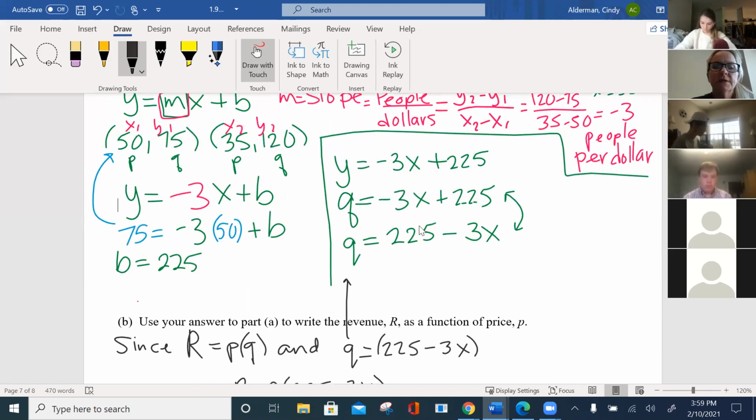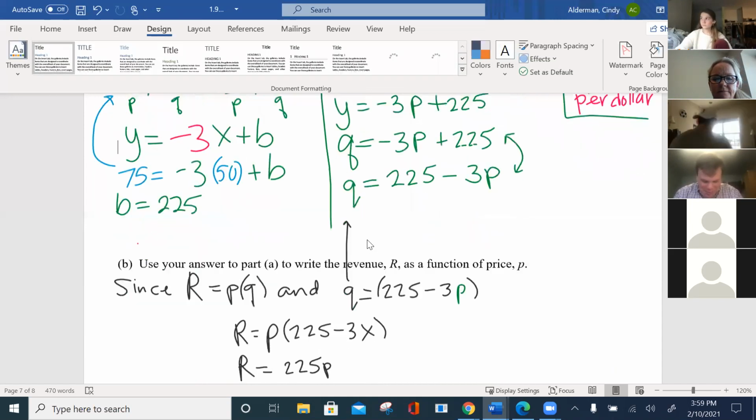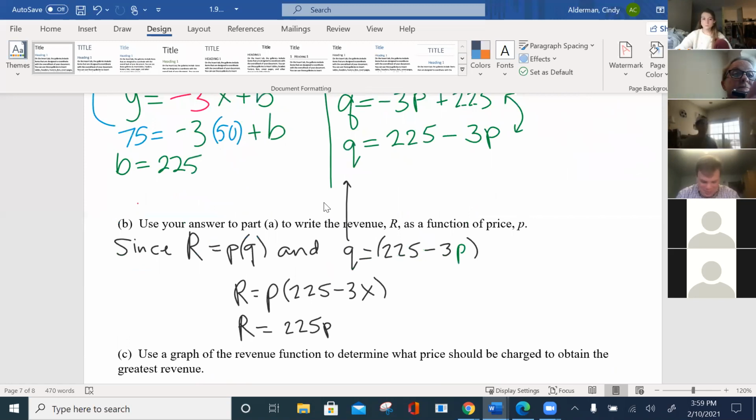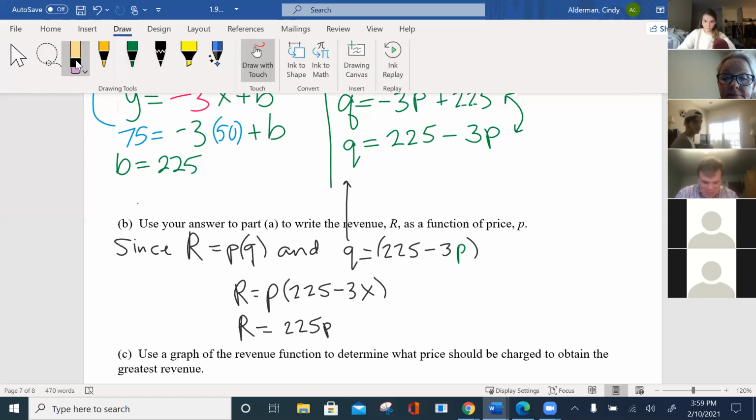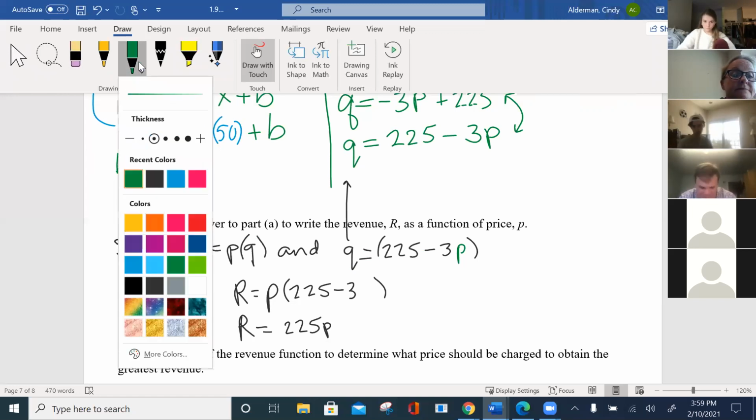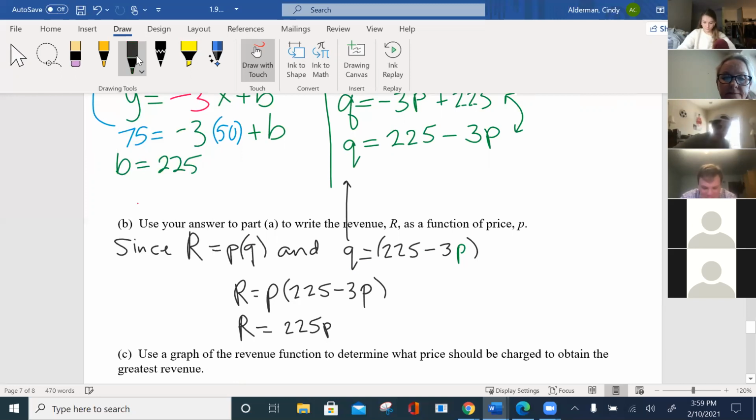This is Q, this should be P. So this would be 225P minus 3P squared. So there's your revenue function.